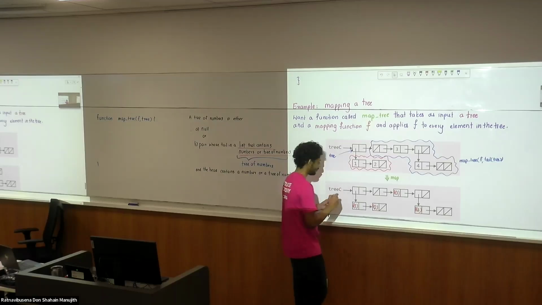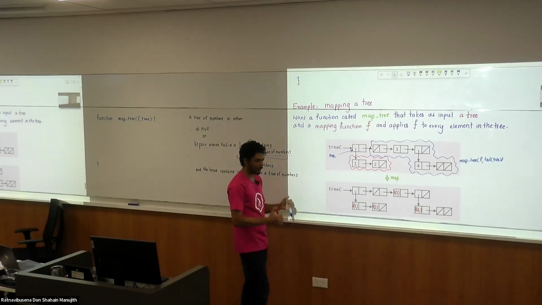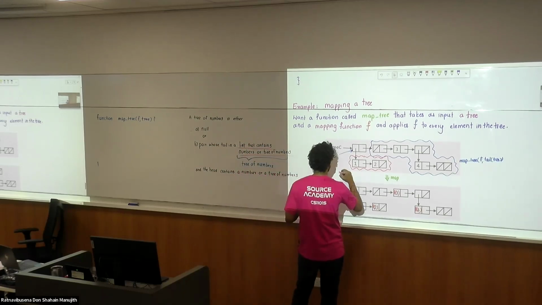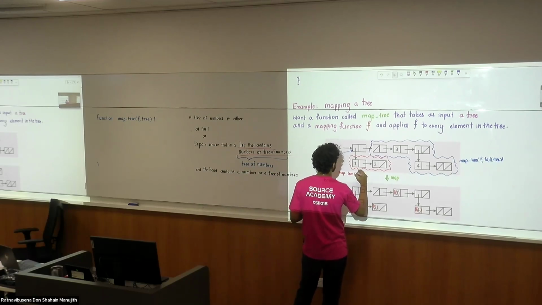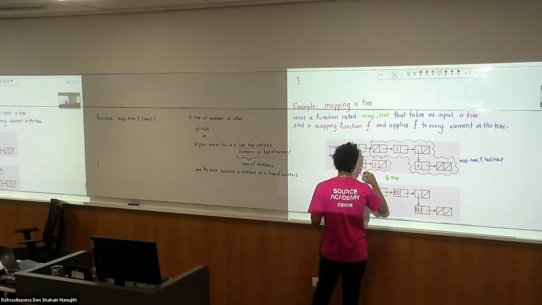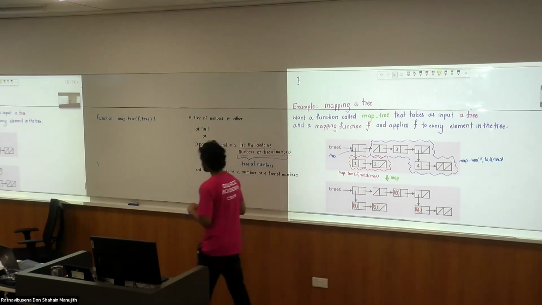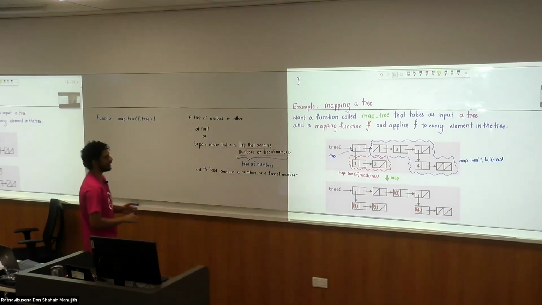Because it is a smaller tree than the original one, I can use visual thinking. So how can I map it? Map tree f head tree. Okay, so can you see how easy it is?